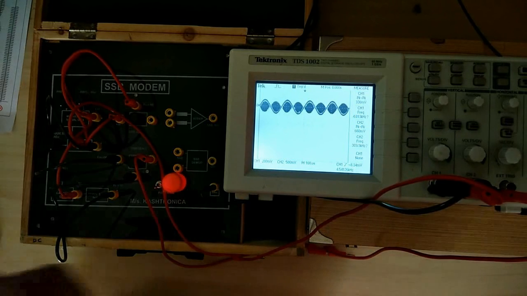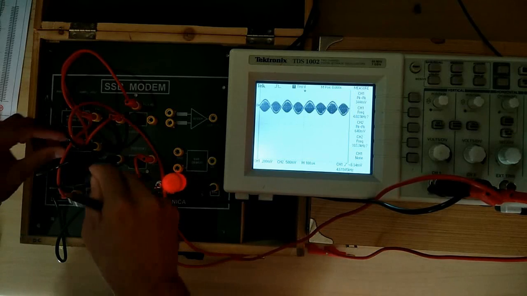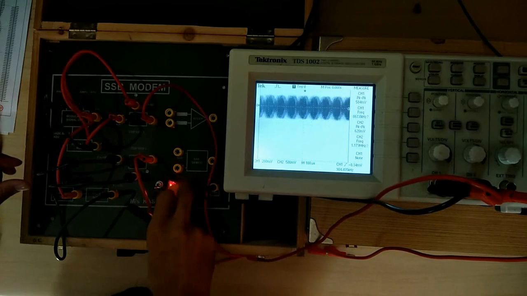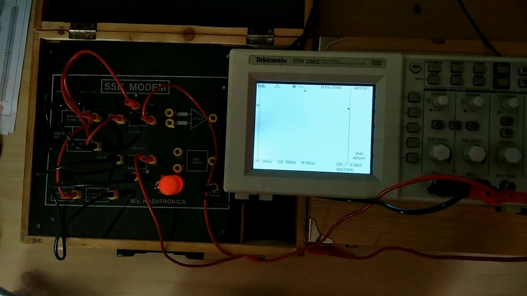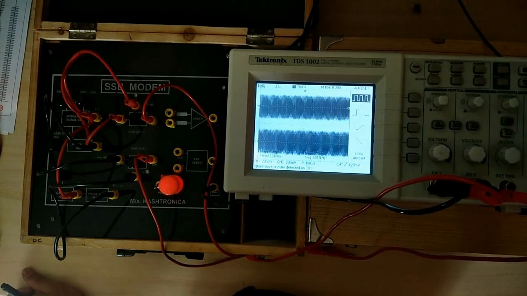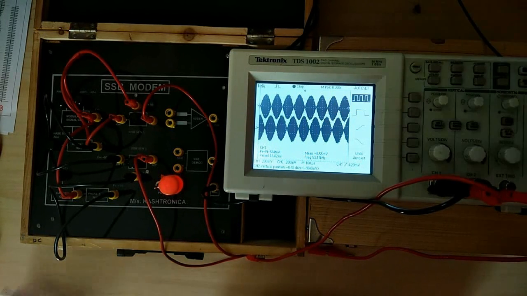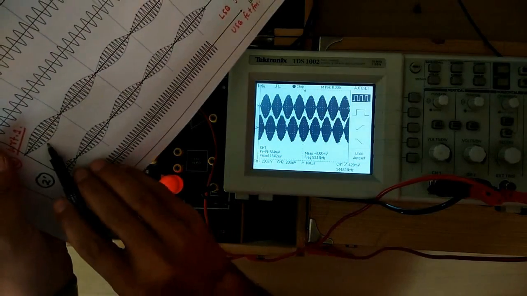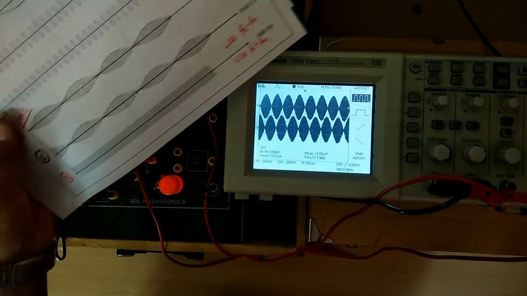If you look at both of these DSBSC signals, that is DSBSC1 and DSBSC2, you can see they are minus 90 degrees shifted versions of each other. So this is DSBSC1 and this is DSBSC2. You can see they are not aligned in the same positions.